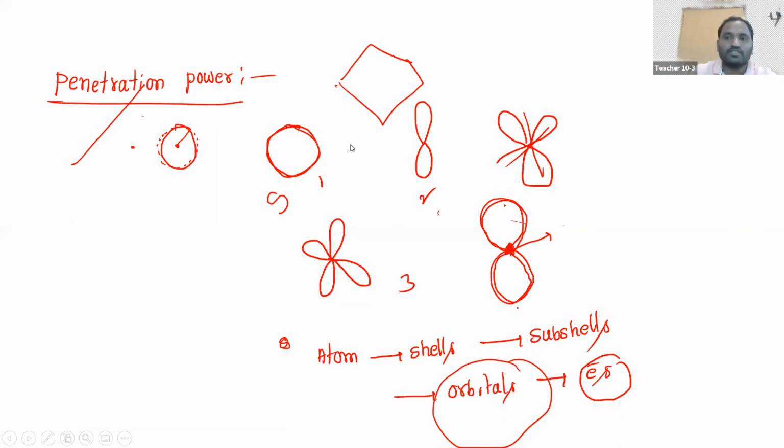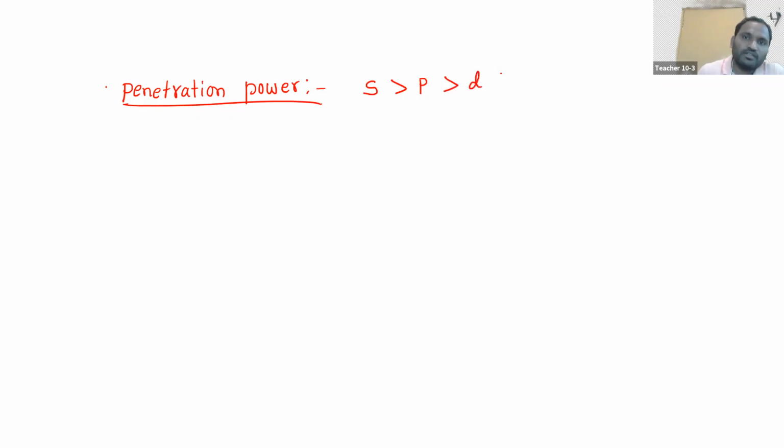Now the penetration power order is S is greater than P, P is greater than D, D is greater than F. So removal of electron from S orbital is difficult compared to P orbital. So S orbital needs more ionization energy compared to P orbital.